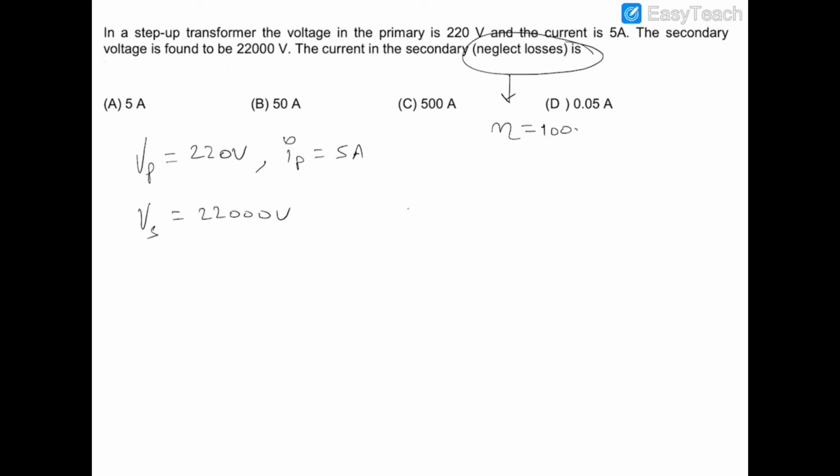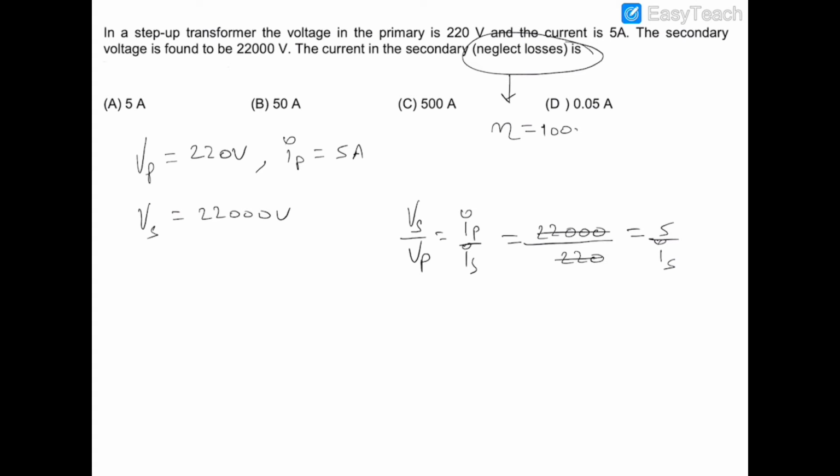So the relation Vs upon Vp is equal to Ip upon Is is absolutely valid here, and therefore 22000 upon 220 will be equal to I primary, which is 5, upon I secondary.